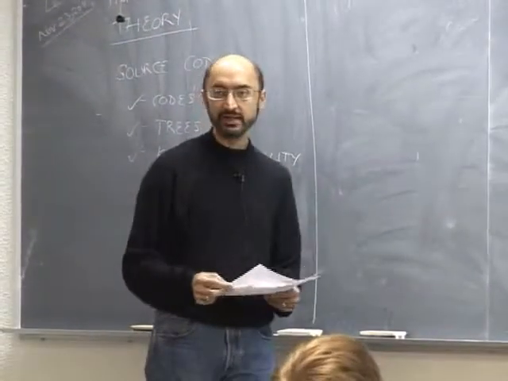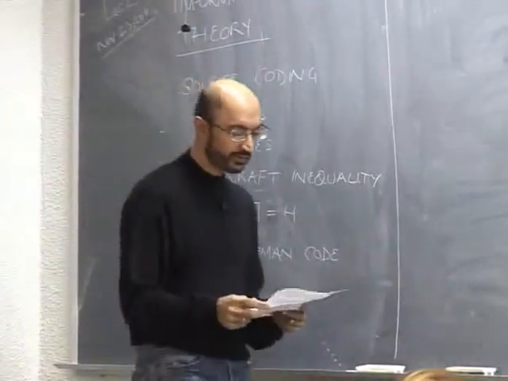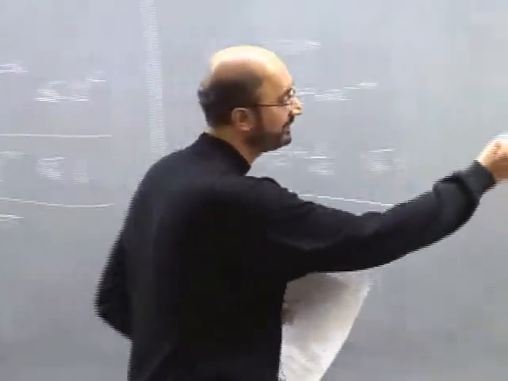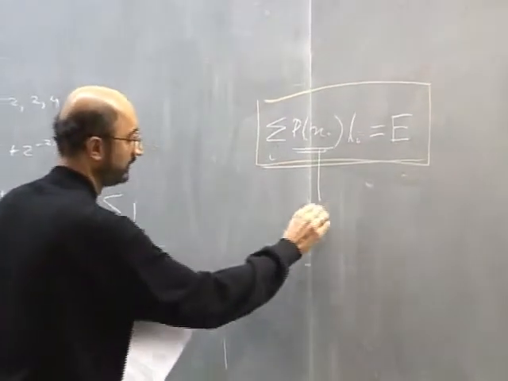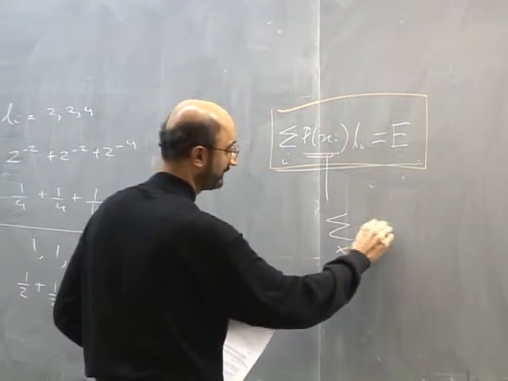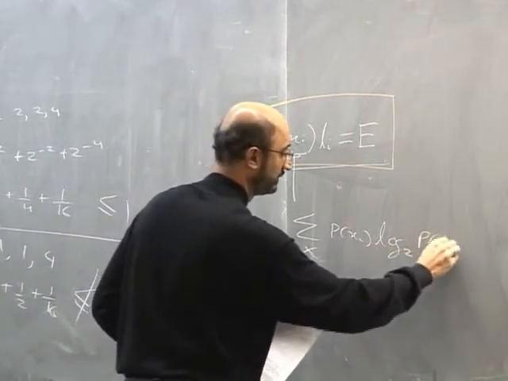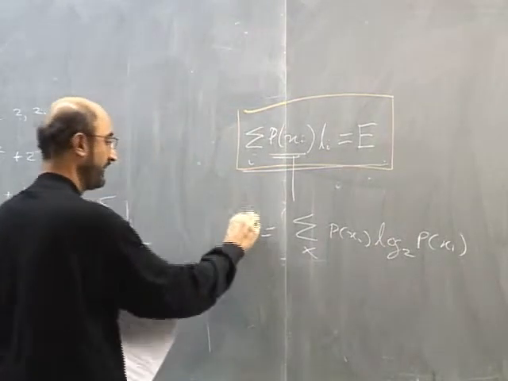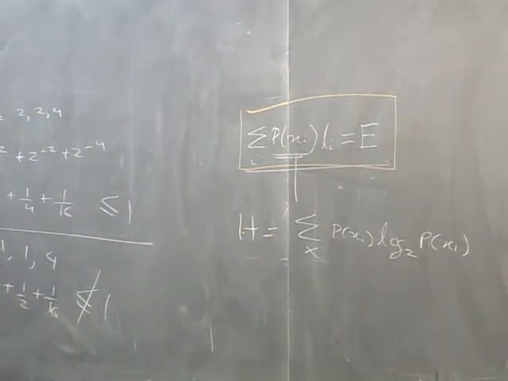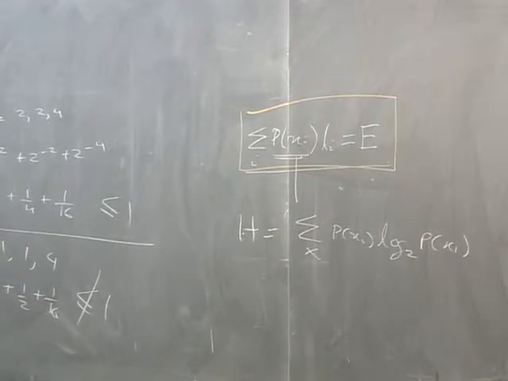So we want to relate the minimum expected code word length to its message entropy. So far we haven't said anything about the message entropy. We certainly know that the sum over x of p(x_i) log base 2 p(x_i) is going to be H, the entropy of the message source, right? So if you know all the messages and the probability of each message, we certainly know this is the message entropy.